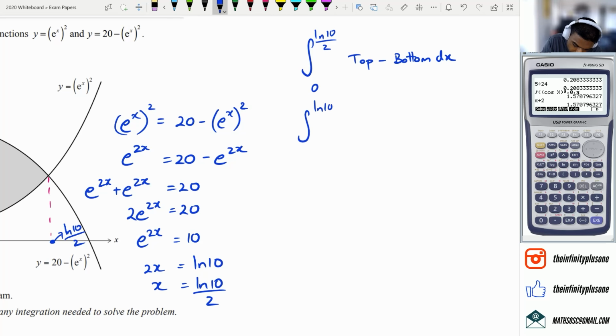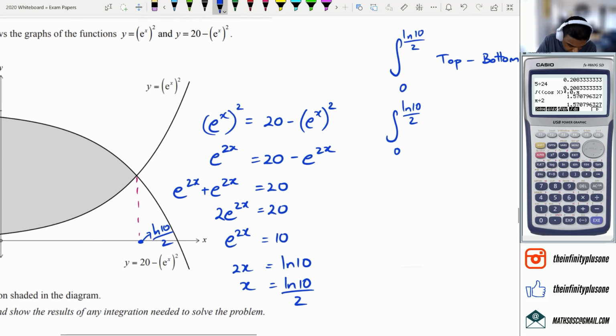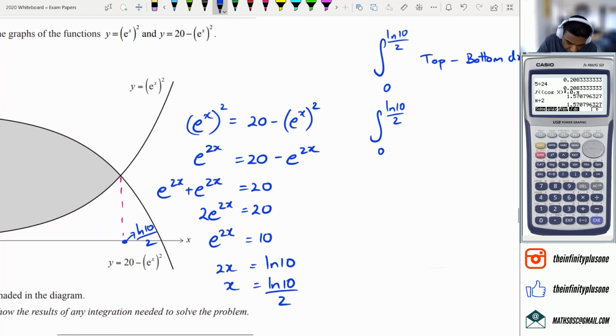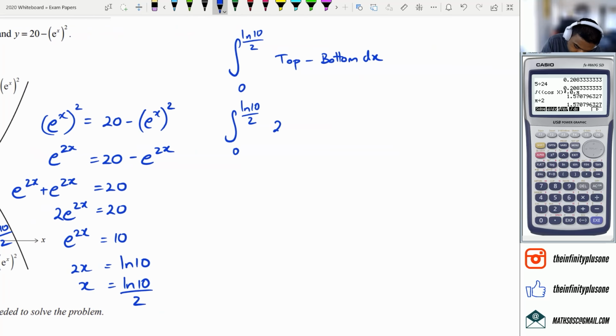So here we're going to get the integral between 0 and ln of 10 over 2. The top one is 20 minus e to the power of x squared, minus the bottom one, which happens to be e to the power of x squared. And of course, don't forget the dx.